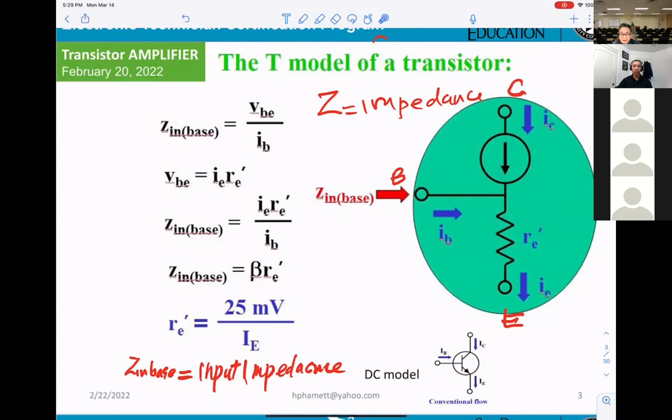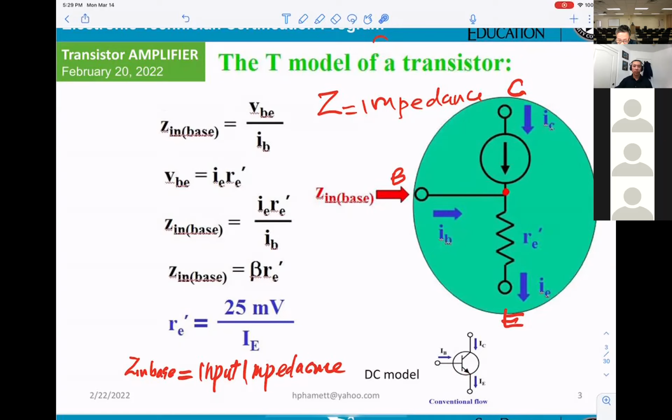And when you have to show the difference, if I say ib, b will be a lowercase letter. That's for AC. And from the collector into the base, you get a current ic, and you already know ic equals beta times ib.